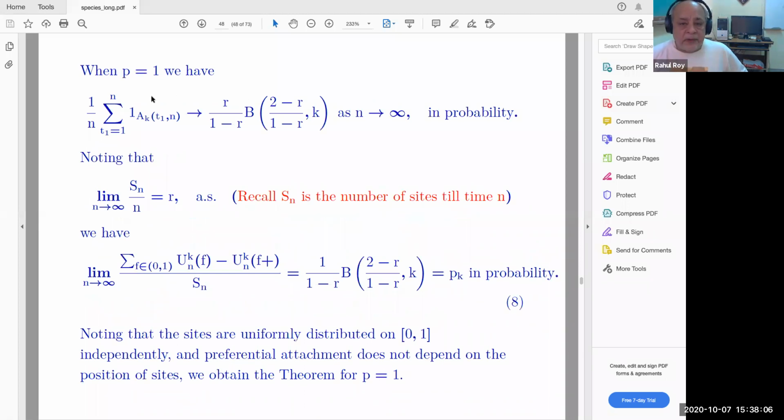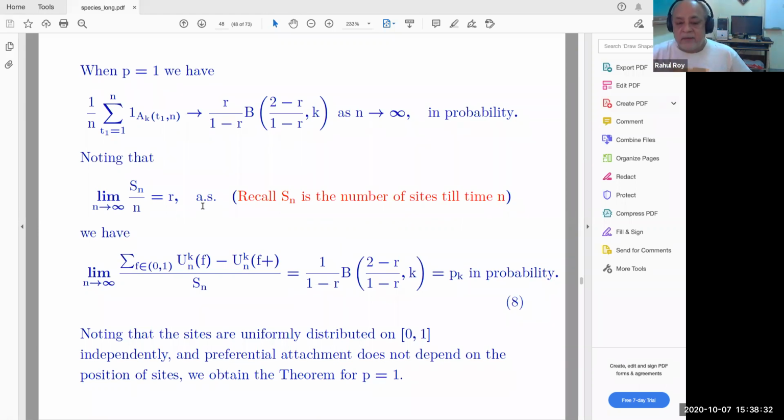So when p equals 1, the summation of this q converges in probability to this quantity. And noting that S_n by n, the total number of sites, is exactly r. Recall r is the probability of a mutant being born.